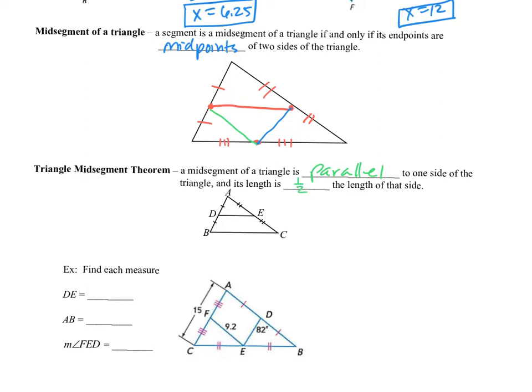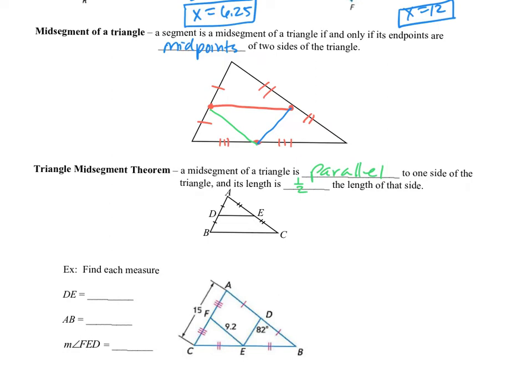Again, this is going to sound familiar, because when we talked about the midsegment of a trapezoid, remember the midsegment of the trapezoid was parallel to the bases, and its measure was the average of the two bases. Well, you could almost think of this triangle as a trapezoid where one base has a length of 0. So if I add 0 to this and divide by 2, we would get half of whatever BC is, and that's the measure of segment DE.